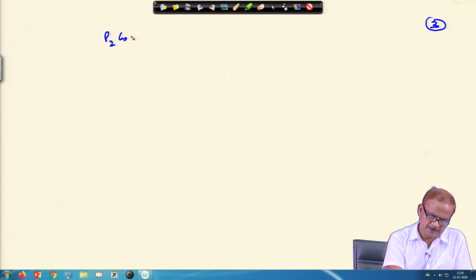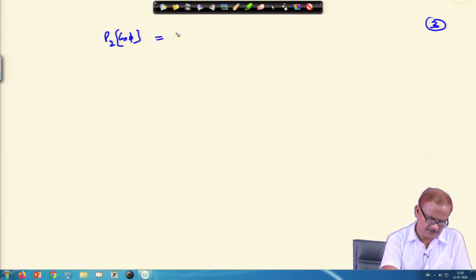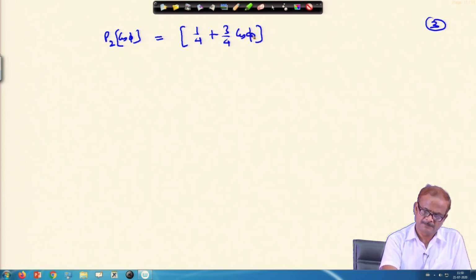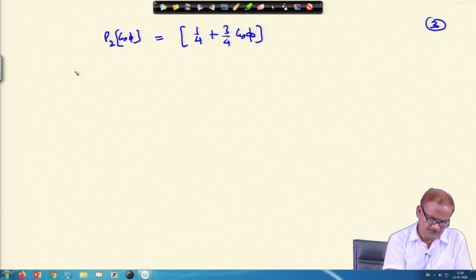And P 2 cos phi, this term in the Legendre polynomial, is equal to 1 by 4 plus 3 by 4 cos 2 phi, and therefore the potential gets reduced to minus G m prime by r prime.